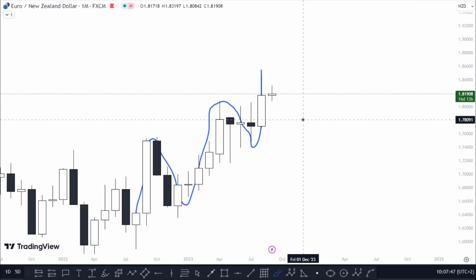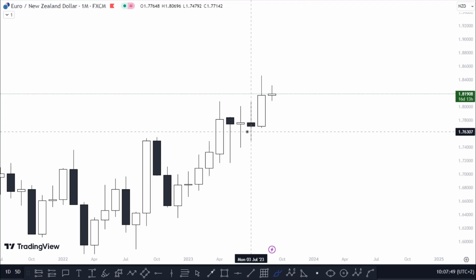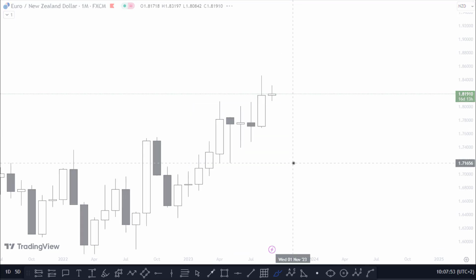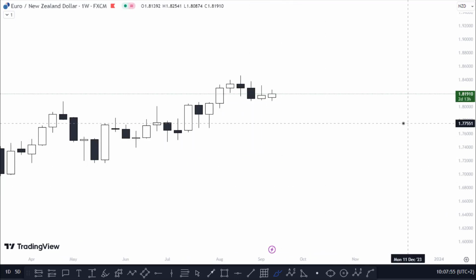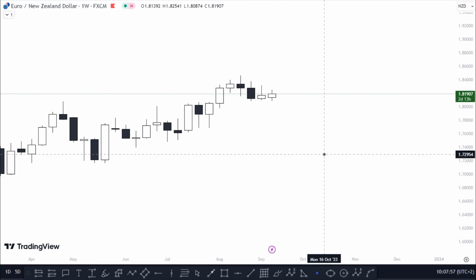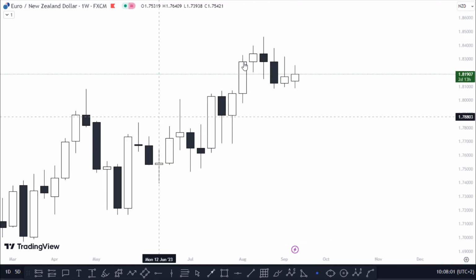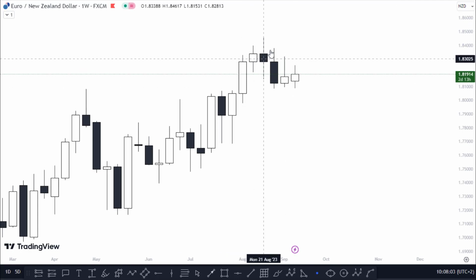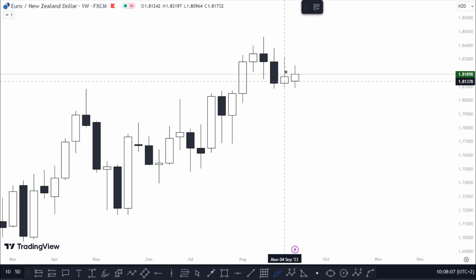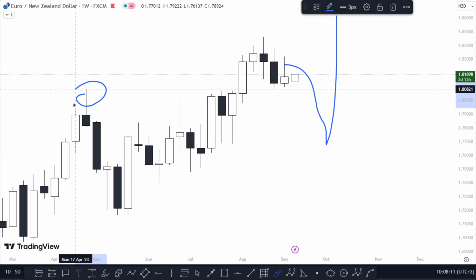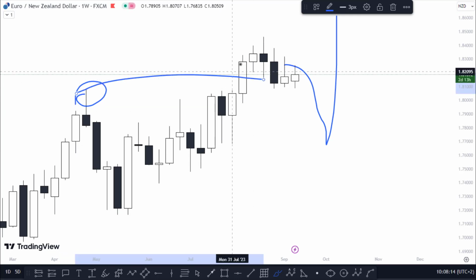We expect another pullback. Now, my focus now, since I don't see the details, I need to go to a weekly time frame. On the weekly time frame, I can clearly see something like a pullback forming. This pullback, if it succeeds, may even continue until it reaches this zone, as we are done talking about.